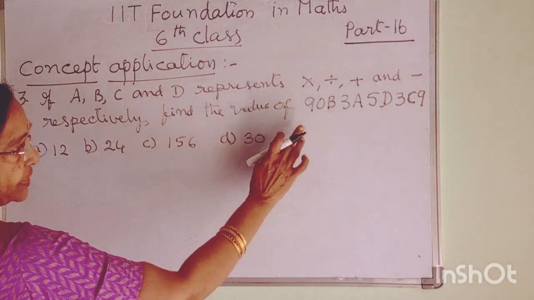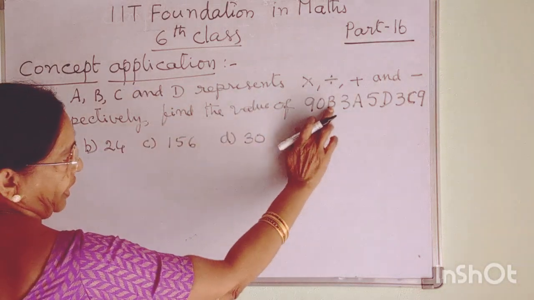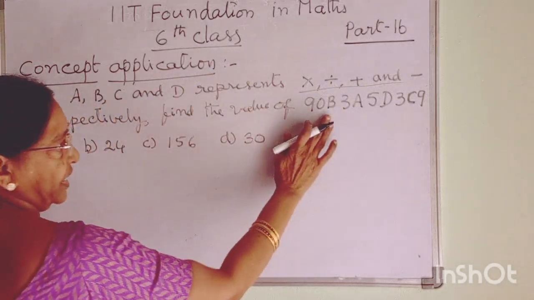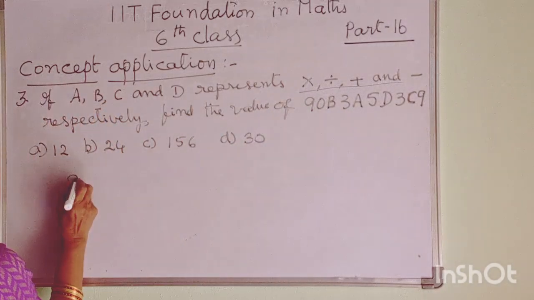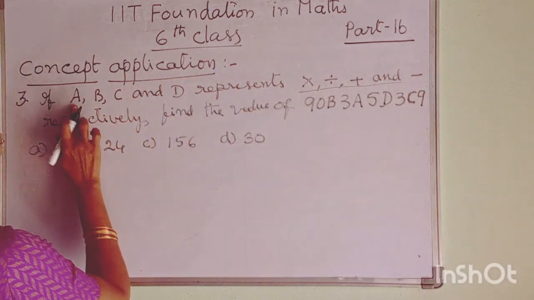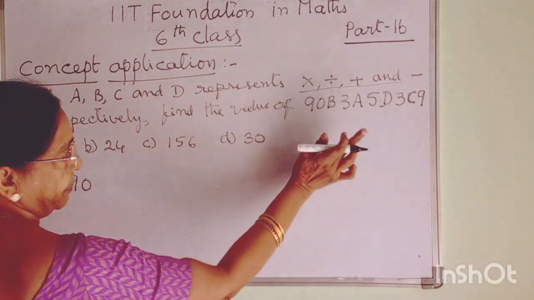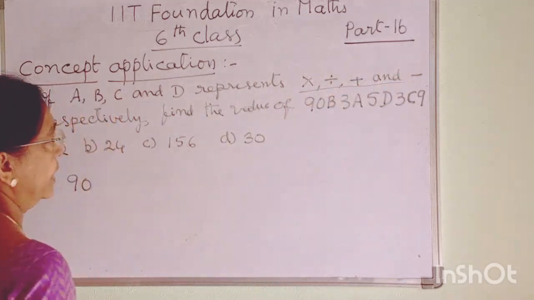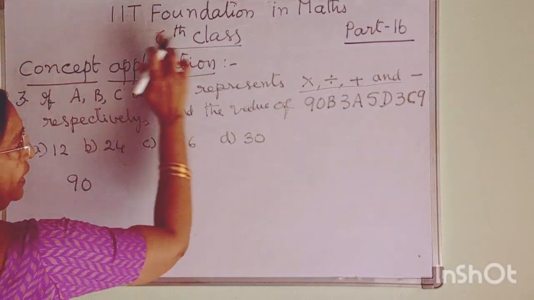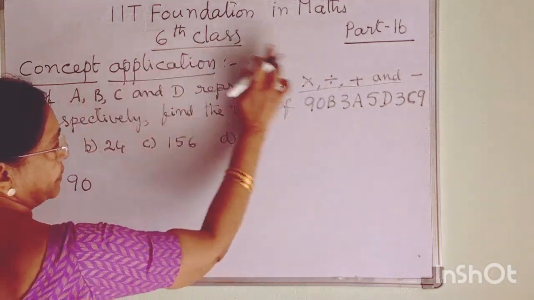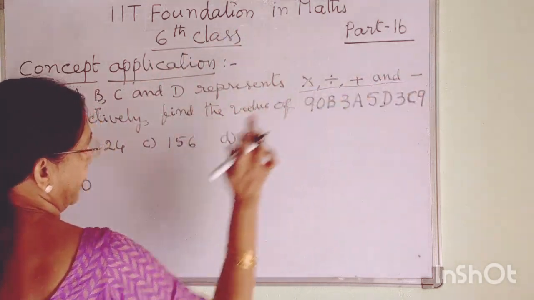We will substitute the signs for the letters in this expression. B stands for division because A, B, C and D represent into, divided by, plus and minus respectively. So, A represents into, B represents divided by, C represents plus, D represents minus.